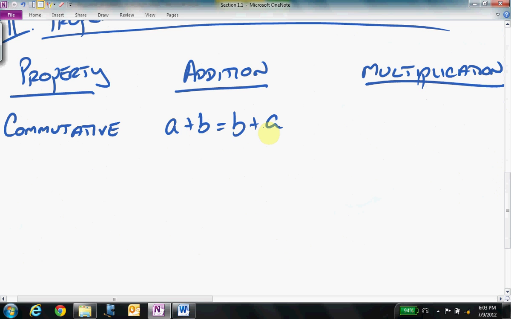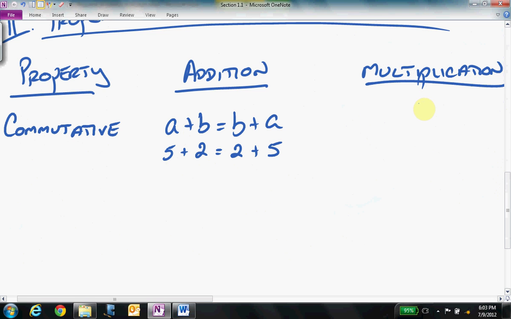And we can test that out if we assign the value of 5 to A and the value of 2 to B. 5 plus 2 we know is 7. And if we switch the orders, 2 plus 5, well, that's also 7. So the commutative property of addition says the order of the numbers does not matter.